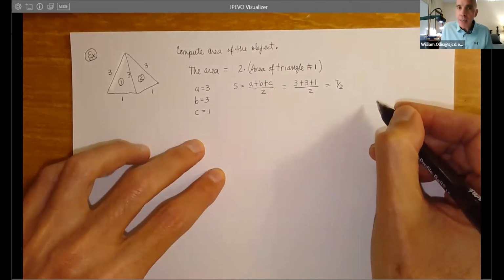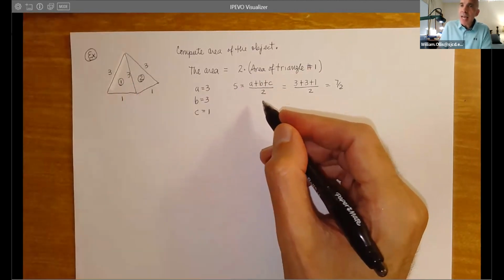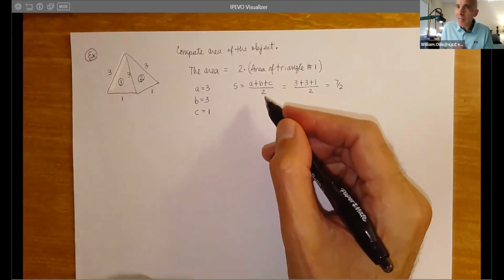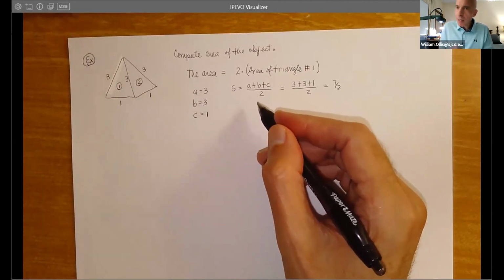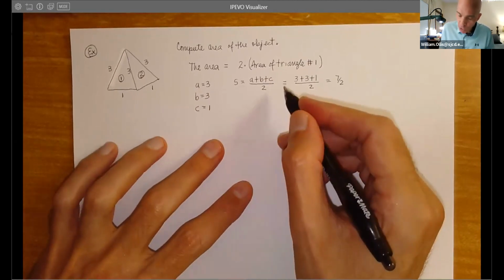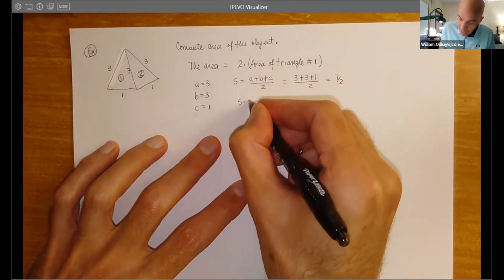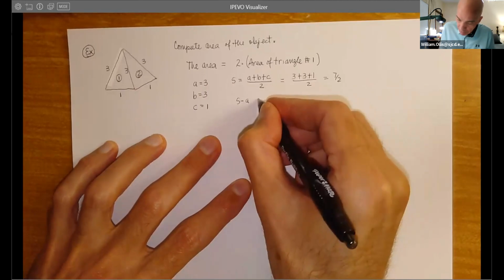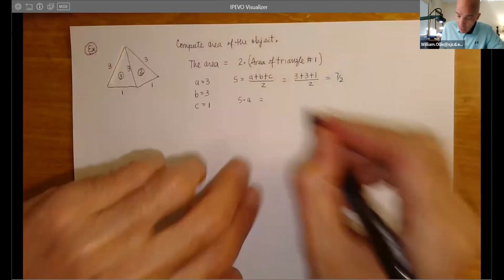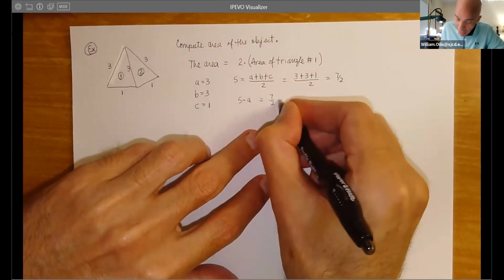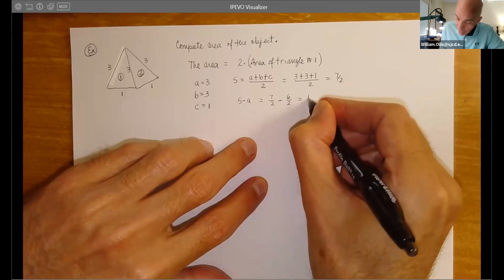Now, if you like, ladies and gentlemen, you can go ahead and do all of the preliminary calculations and then put them into the square root, kind of like we're doing the discriminant for the quadratic formula. Don't worry about it. It probably makes your computations a little bit more streamlined. So now we've got S. So we'll do S minus A. In this particular case, 7/2, and A is 3, so let's write that as 6/2, so we get 1/2.